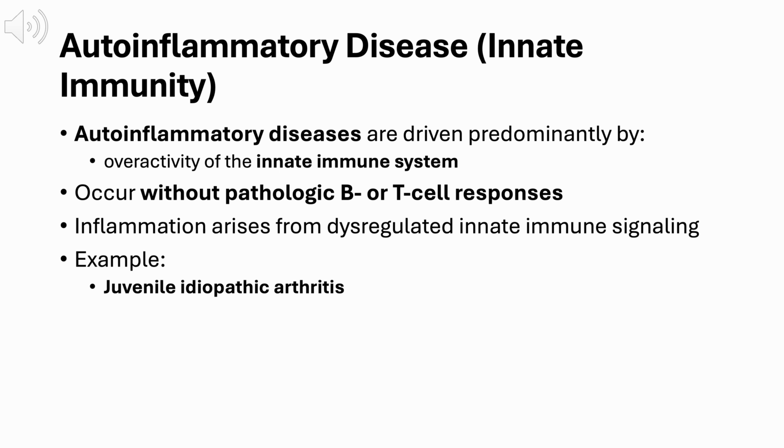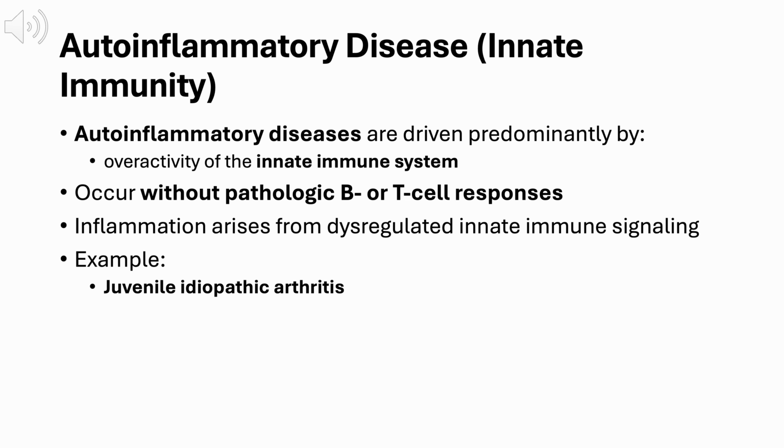In contrast to autoimmune disease, autoinflammatory disease is driven predominantly by dysregulation of the innate immune system. The inflammation develops without a primary pathologic antibody response or antigen-specific B or T cell attack against self-tissues. Instead, abnormal innate immune signaling leads to excessive cytokine production and recurrent or persistent inflammation.